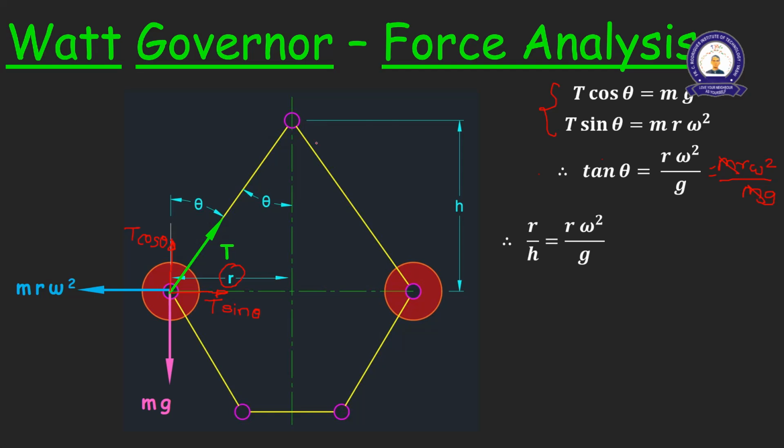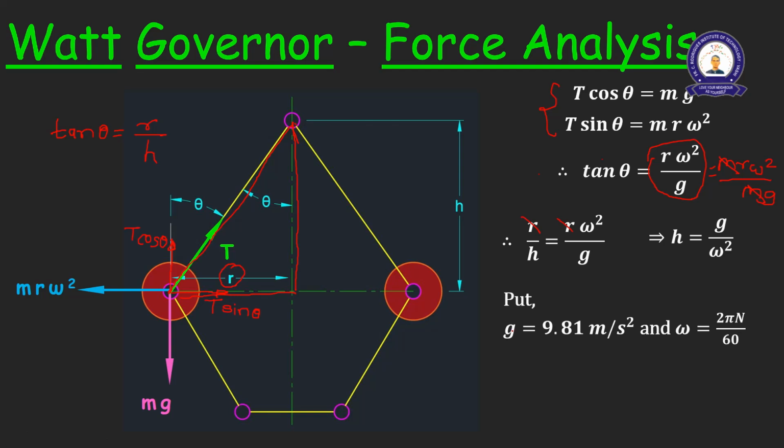Also, if I focus on this triangle here, I can write that tan theta is equal to the opposite side over the adjacent side, r upon h. So tan theta is r by h, and also tan theta is r omega square by g. Equating those two, I get r by h equals r omega square divided by g. From this I can deduce h is equal to g by omega square.